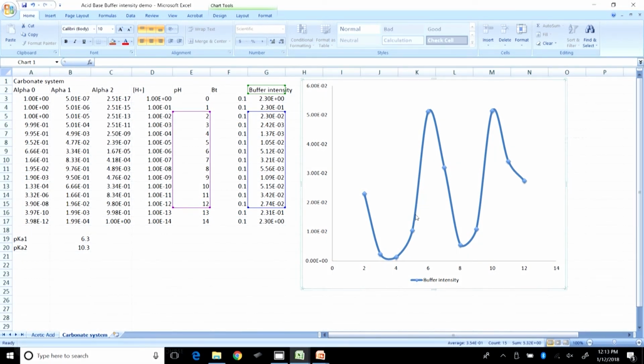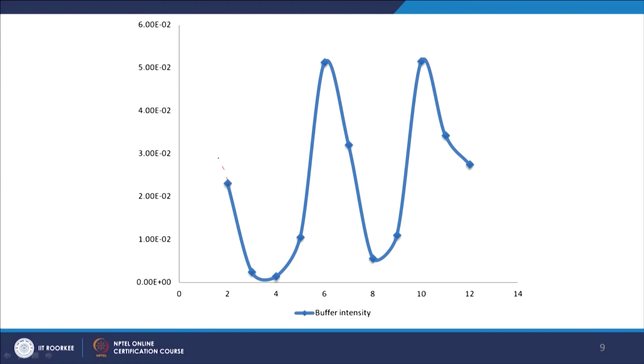I think I have that in my particular slide. So, let us go back to the slide. So, this is going to be going up like this, and this too will again go up like this till 14. So, what are the cases we are going to look at? When pH is equal to pKa 1 and also when pH is equal to pKa 2.